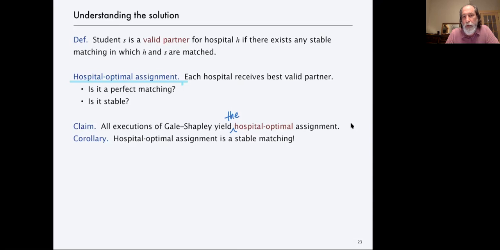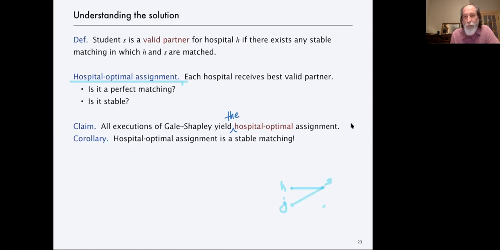Okay. And now the question is, what does this thing look like? So maybe you have a hospital H, and their best valid partner is S, and maybe there's another hospital, J, and that hospital's best valid partner is also S. If that's the case, then this is not a matching, right?